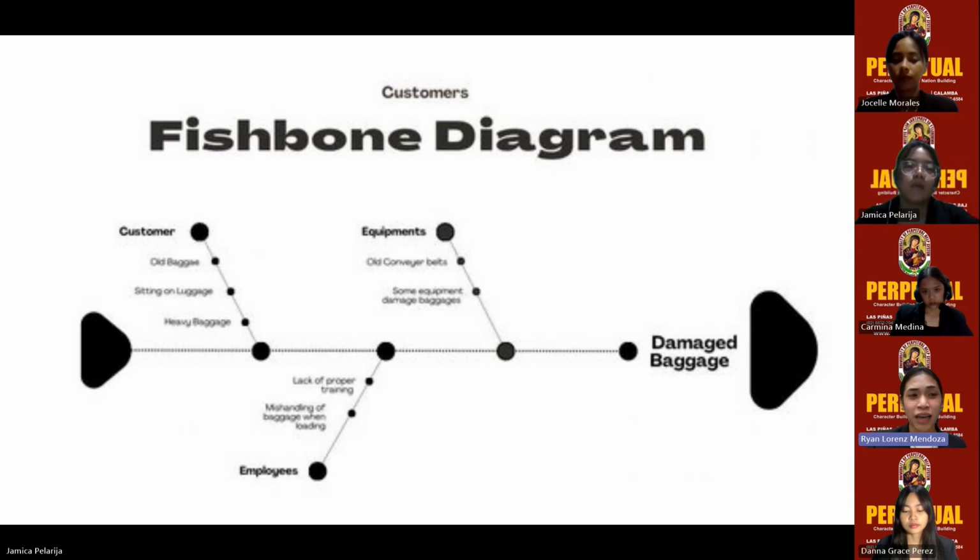The customer fishbone tackles every passenger's complaint that is being thrown at the airline. Based on our research, the airline takes these complaints seriously and handles them step by step. Some passengers may not be contented with the solution given by the airline, but the airlines assure that every customer is heard.